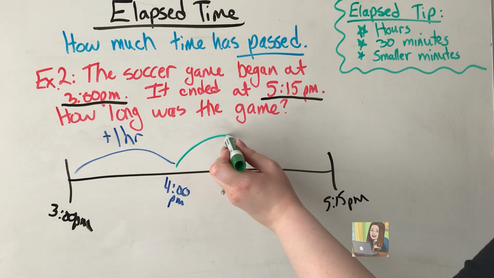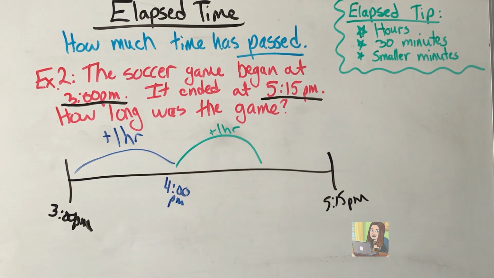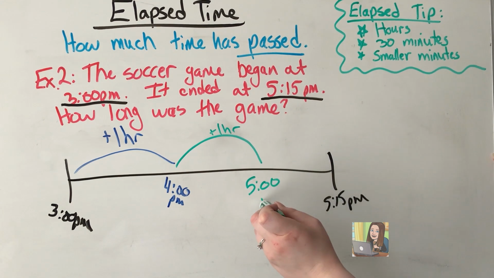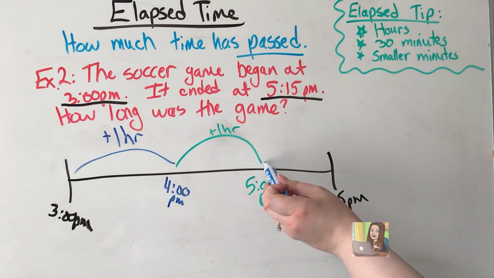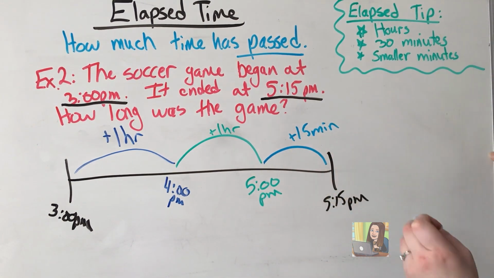Let's add another hour. 4 o'clock plus 1 more hour gets me 5 o'clock. Have I made it there yet? No, I have not. How many more minutes do I need to add to get to 5:15? If you said 15 minutes, you are correct.